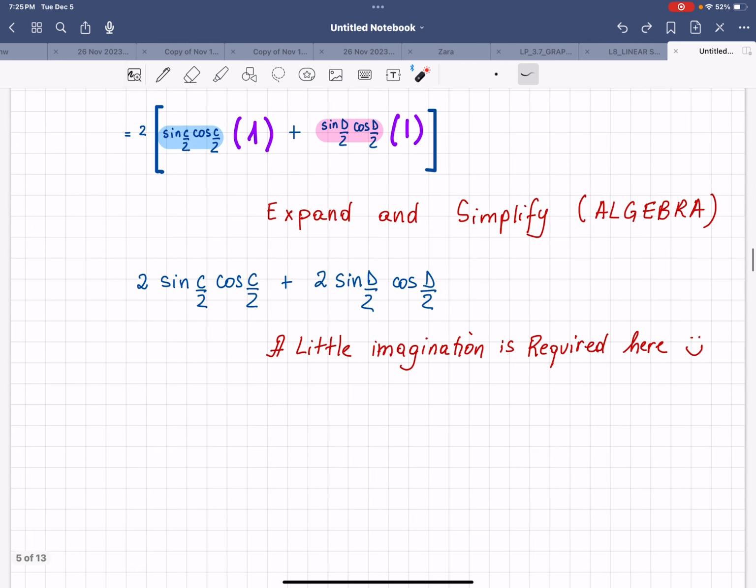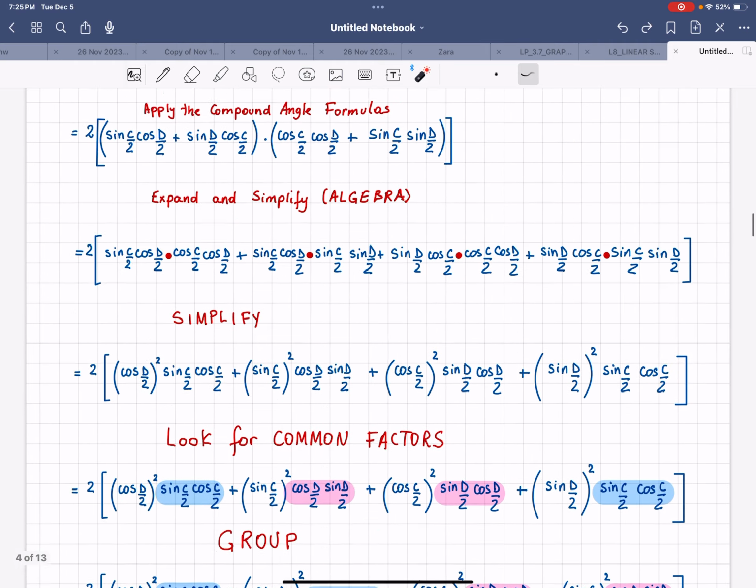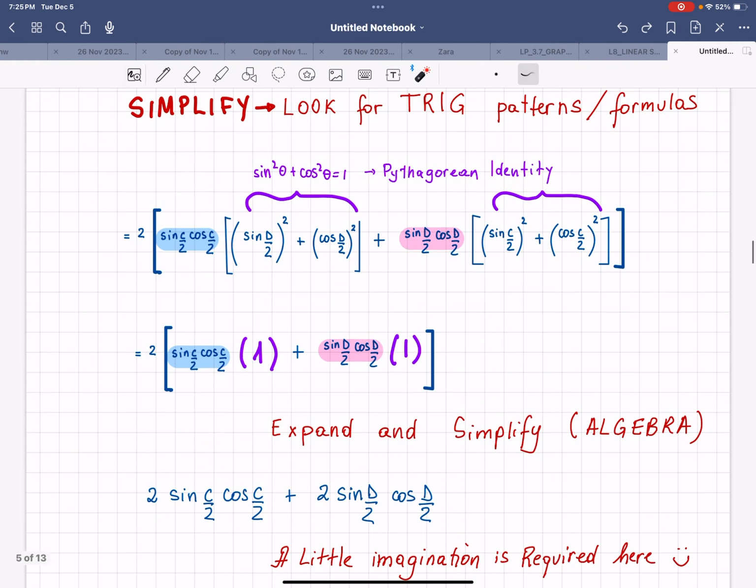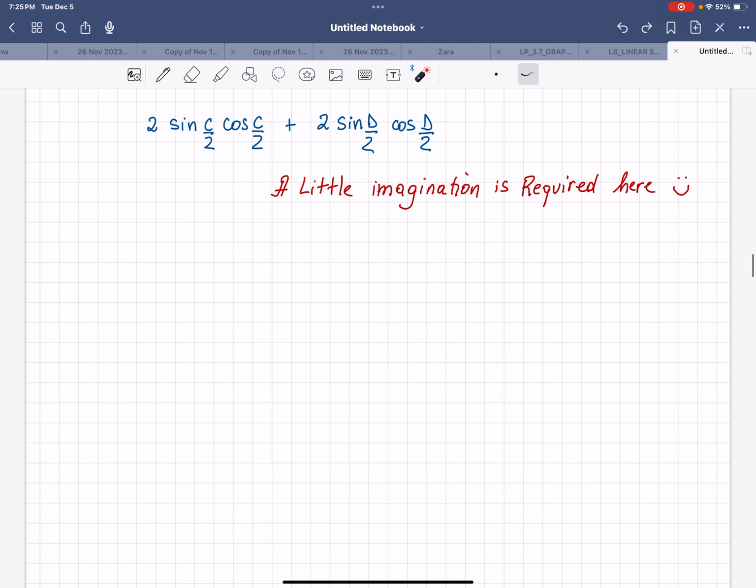Now a little bit of imagination is required in here. Remember that our goal is to go back to the left side, which is sine c plus sine d. And if it helps, write down what sine c plus sine d would look like.